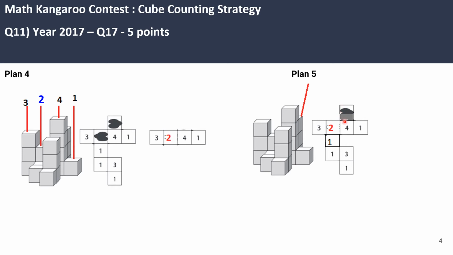So I'm going to write number 3 in this square. Now the question is, what are the total number of cubes if you add them from these two shaded squares, and the answer would be 5. So the option is answer C.